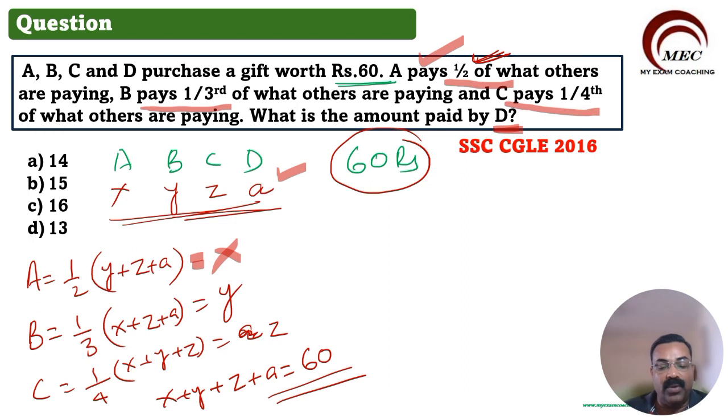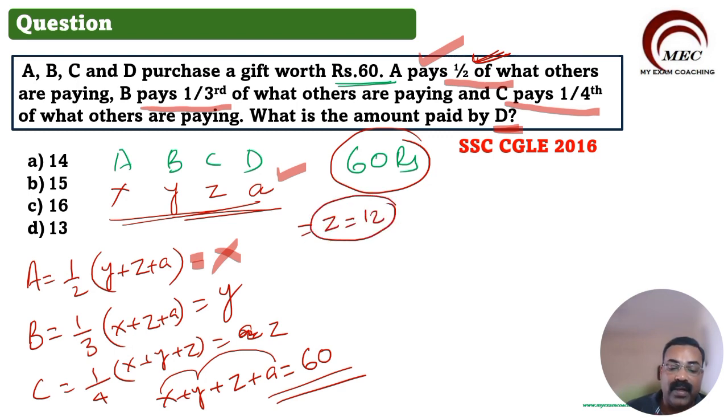Now X plus Y plus A will be equal to 60 minus Z. When you put that value in any one of the equations, we will get Z equal to 12. Let me tell you very clearly.